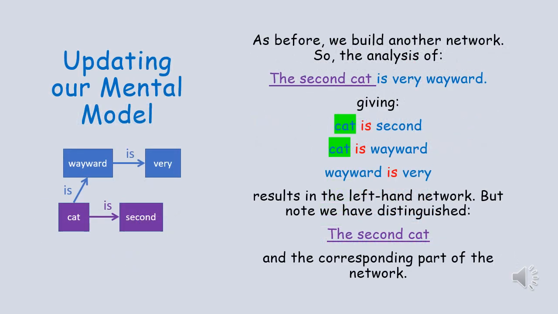As before, we build another network. So the analysis of "the second cat is very wayward," giving cat is second, cat is wayward, wayward is very, results in the left-hand network. But note we have distinguished the second cat and the corresponding part of the network.